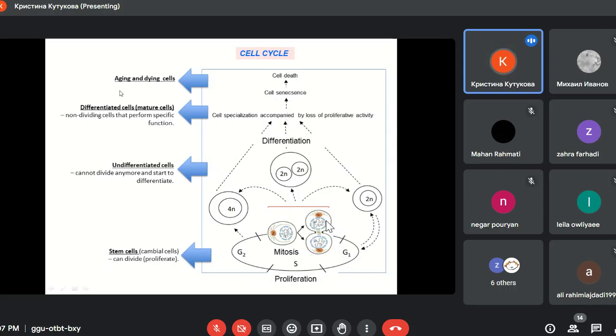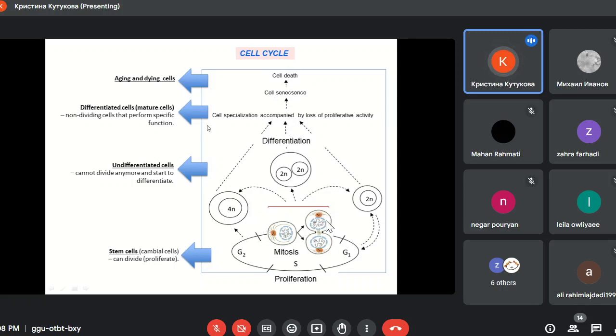And next we will have differentiated cells or mature cells. They cannot divide anymore, but they are specialized for performing their specific function. Next, these mature cells undergo senescence, and finally they die and are replaced by new cells.